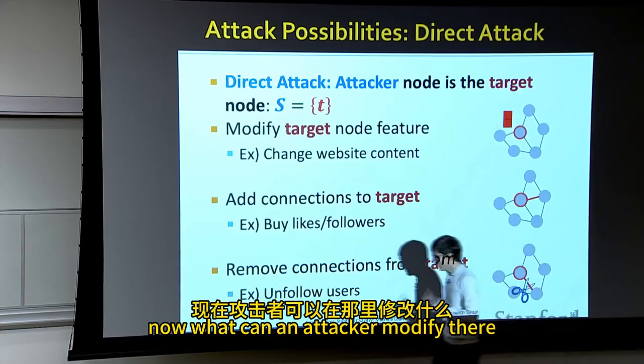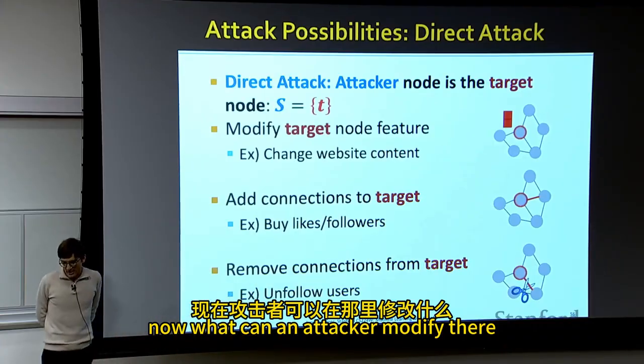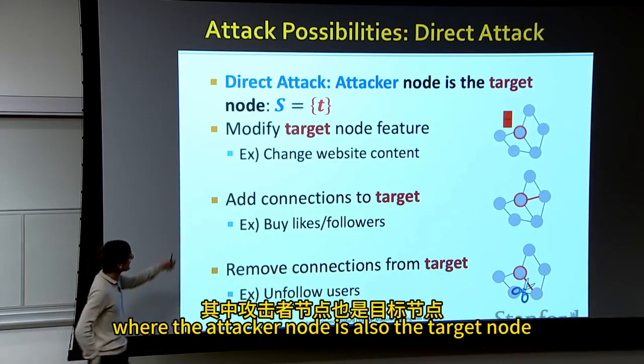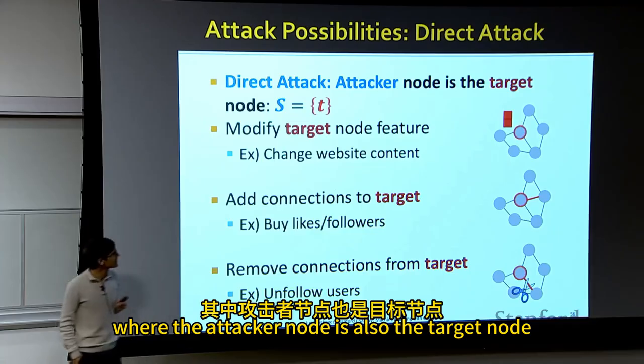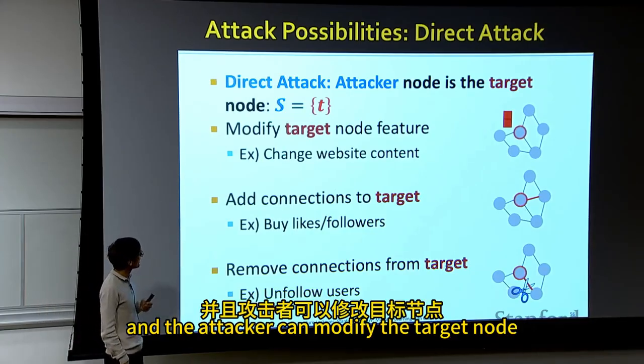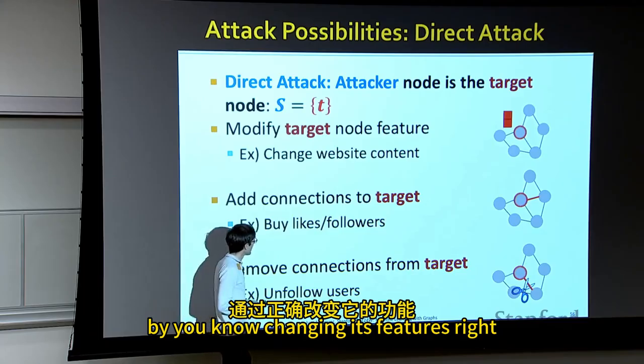Now, what can an attacker modify? We can talk about a direct attack, where the attacker node is also the target node. And the attacker can modify the target node by changing its features, right?